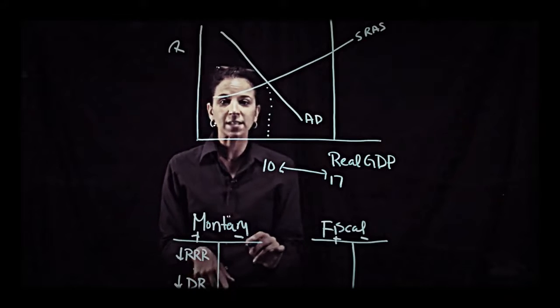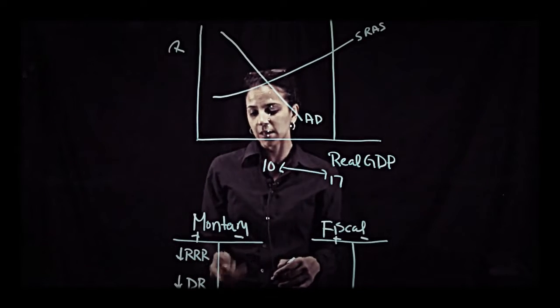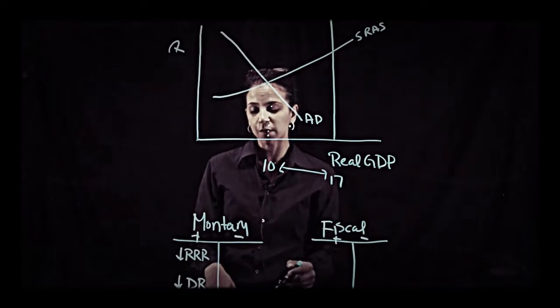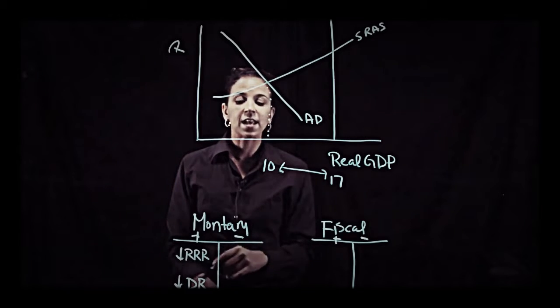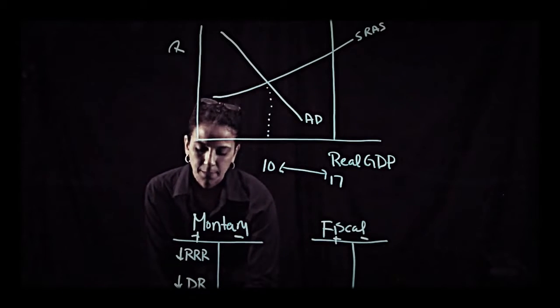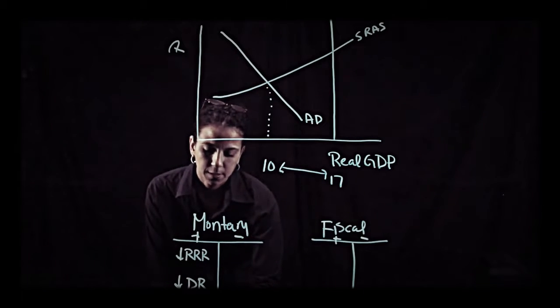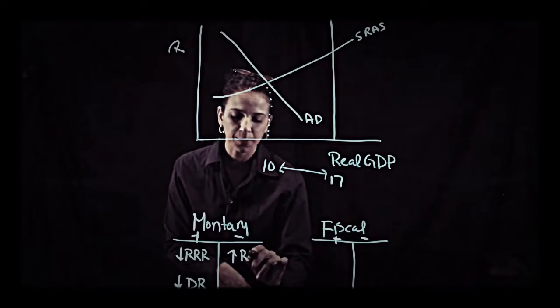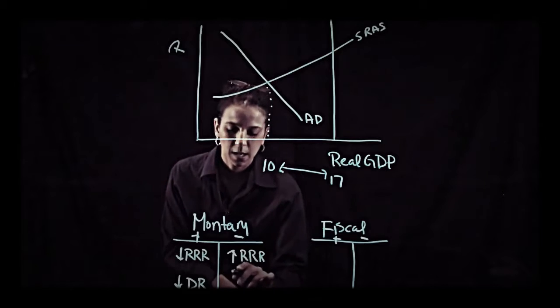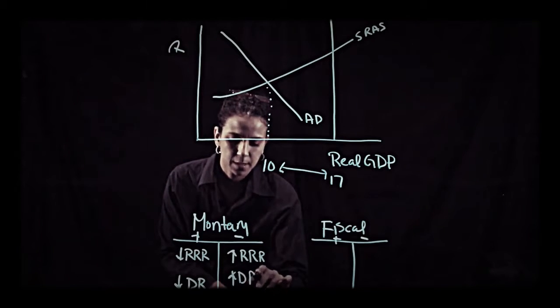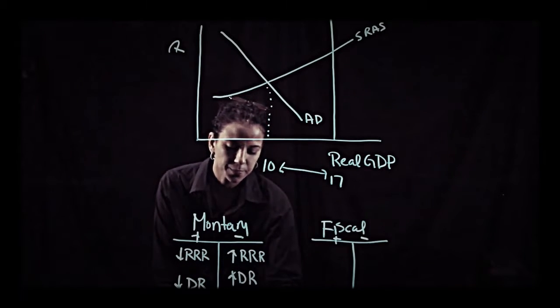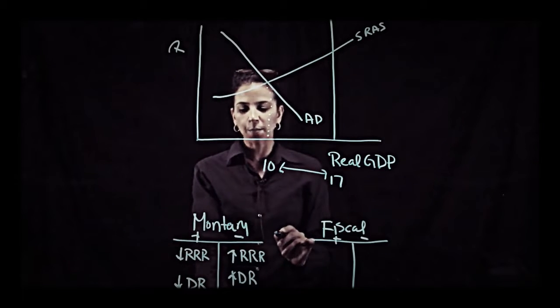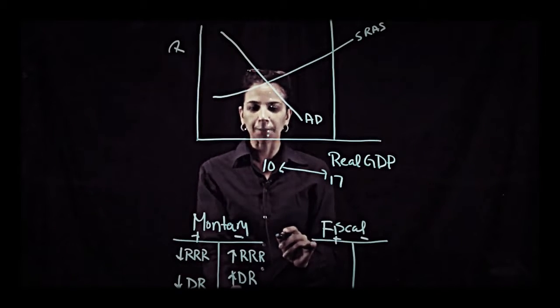Remember, the discount rate is nothing more than what the Federal Reserve loans to banks overnight. Or they can buy bonds. Therefore, contractionary policy would be increase the required reserve ratio, increase the discount rate, and sell bonds. All right? This is monetary policy. It has to do with the money supply.